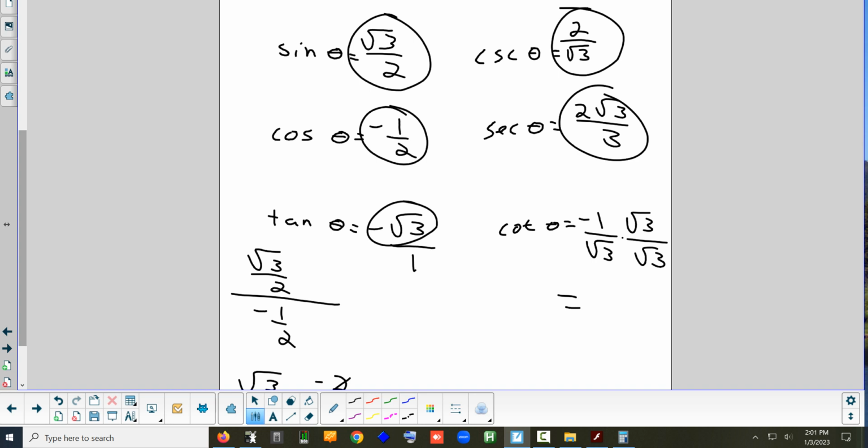Jenna, what's negative 1 times the square root of 3? Negative 1 square root of 3. Yeah, so it's just negative 1 square root of 3. We could really just say negative square root of 3. If you want to put negative 1 square root of 3, that's fine. And what about in the bottom? Tyler, what's the square root of 3 times the square root of 3?